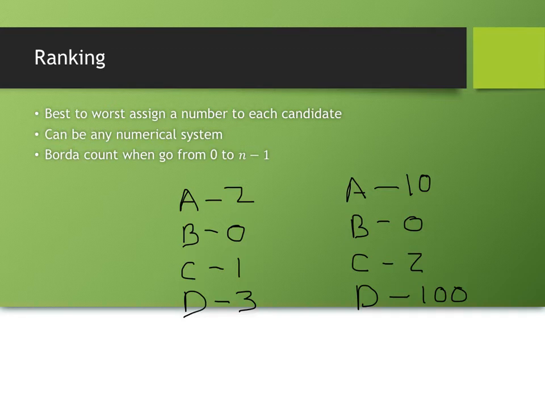Okay? So there's a lot of different ways that you actually can rank with numbers. I don't want you to assume that everything is with the Borda count. We're going to use Borda count for our examples, but there are situations where you don't want to use Borda counts, where you want to rank based on something other than that.